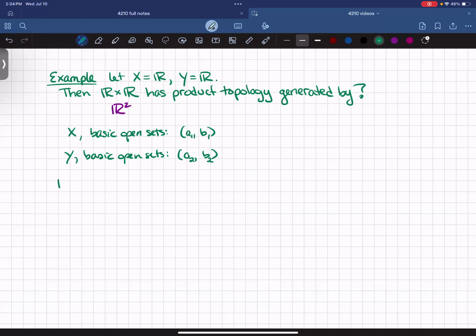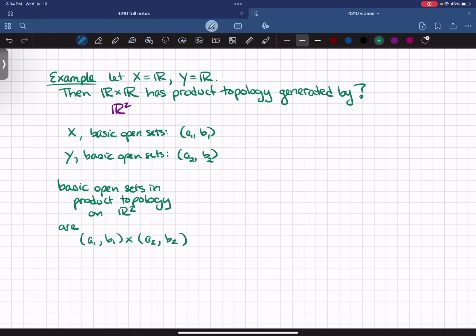And so the basic open sets in the product topology on R2 are sets of the form A1, B1 cross A2, B2.